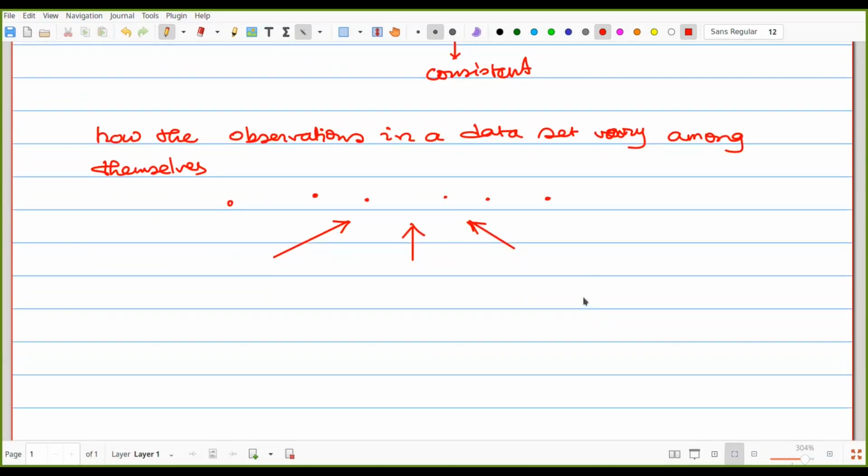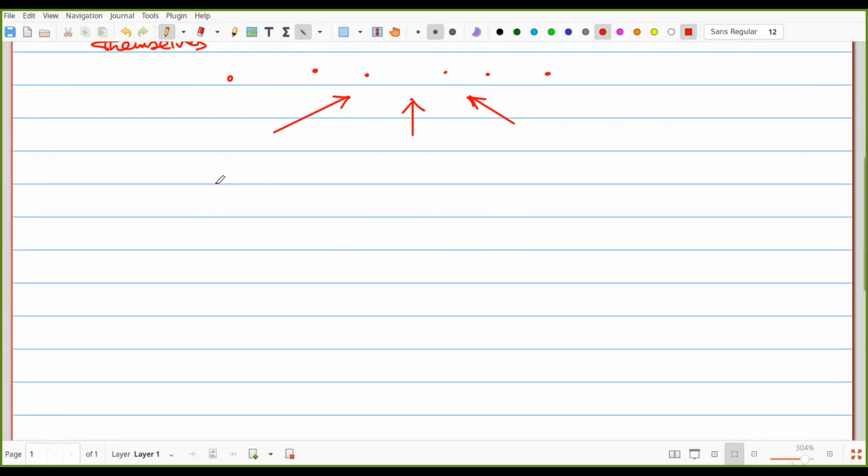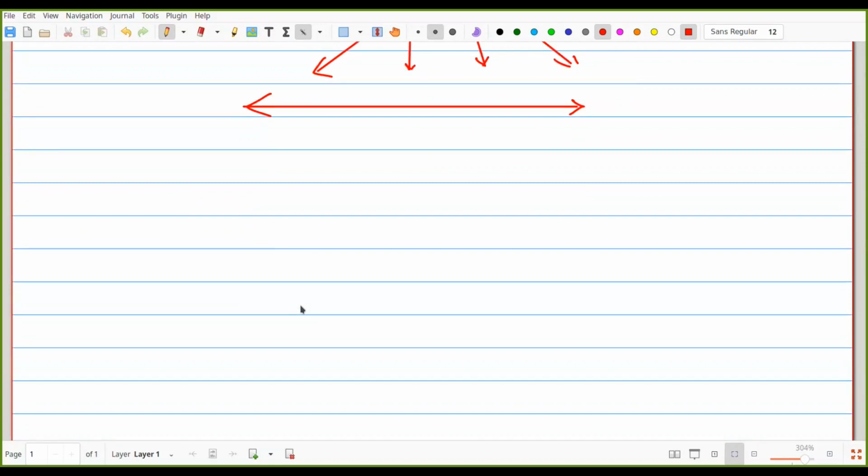In the case of variability or dispersion, the data set has been given, but here we are thinking about the divergence, which is not a calculation. Practically, what is the difference between the lowest one and the highest one? So why is dispersion important?